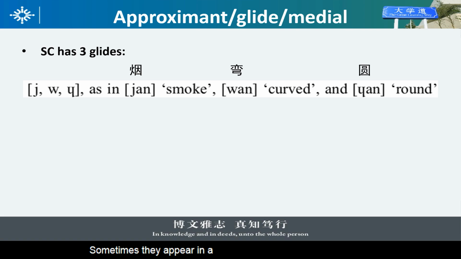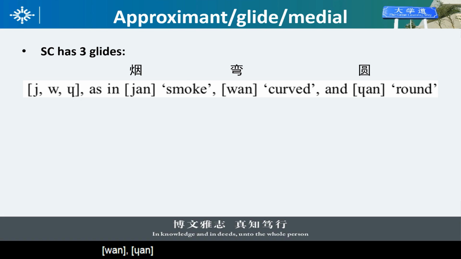Sometimes they appear in a non-onset syllable. That means there's no initial, no consonant in front, and the syllable begins with such glides or approximants, as shown in these three examples.